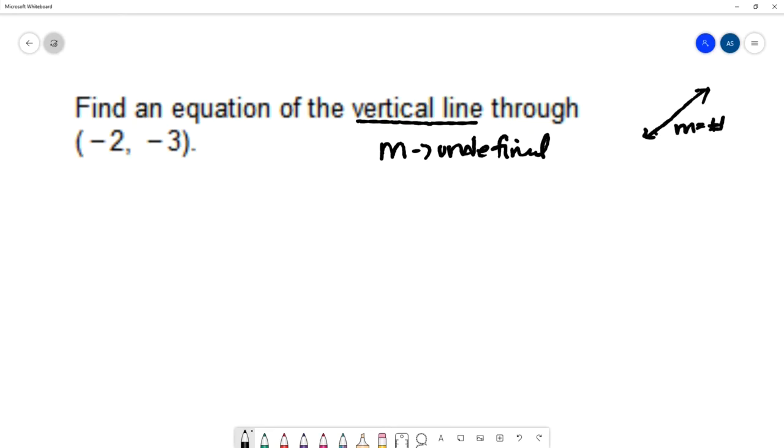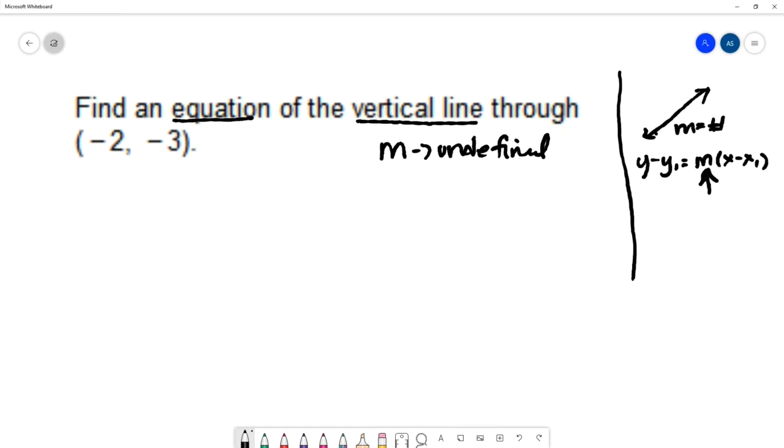you'll have a slope with some particular number. And so for all of the other examples where it asks you to find an equation, you have your formula: y minus y1 equals m times x minus x1, and you can substitute your slope in for m and work out what the line is.